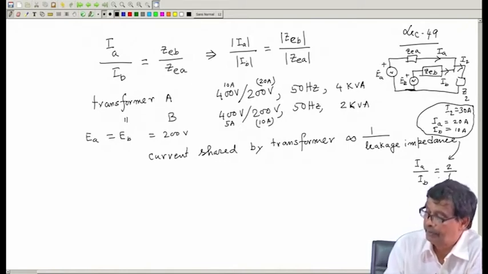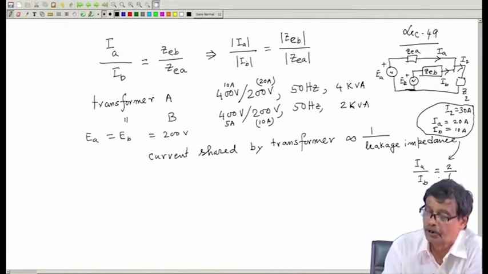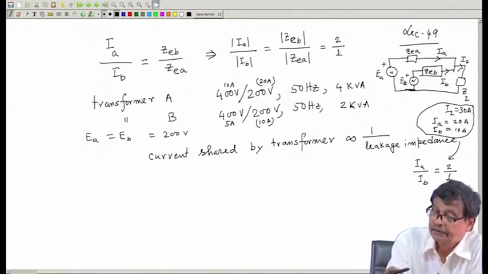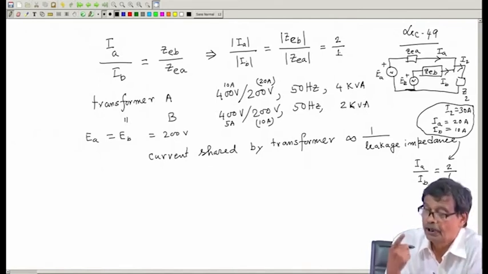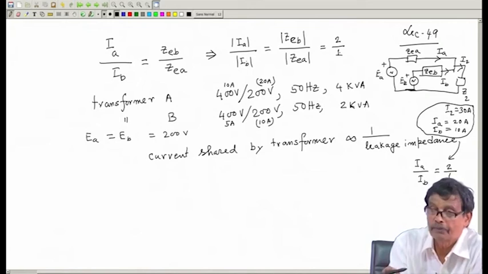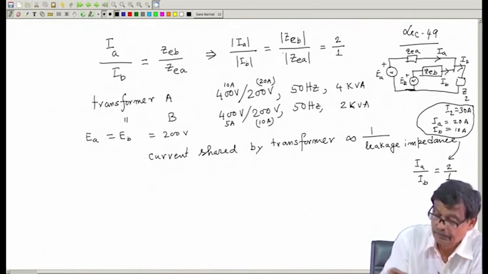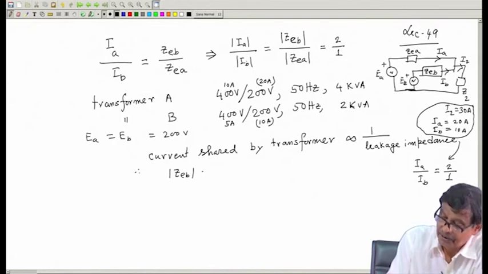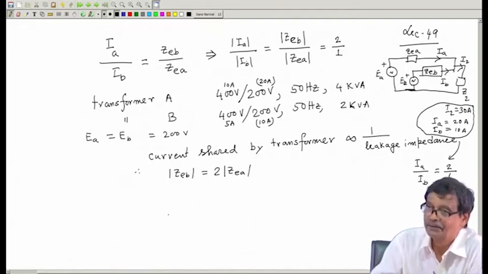If this best thing is to happen, then IA by IB must be 2:1, which implies that the impedance of transformer B should be twice the impedance of transformer A. Therefore, ZEB must be equal to twice ZEA, then only such a thing is possible.